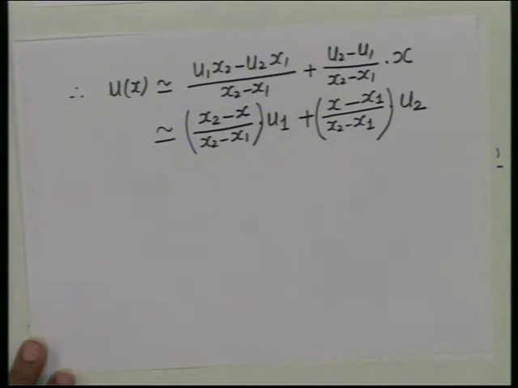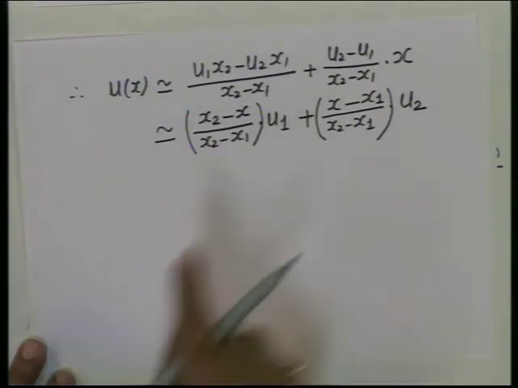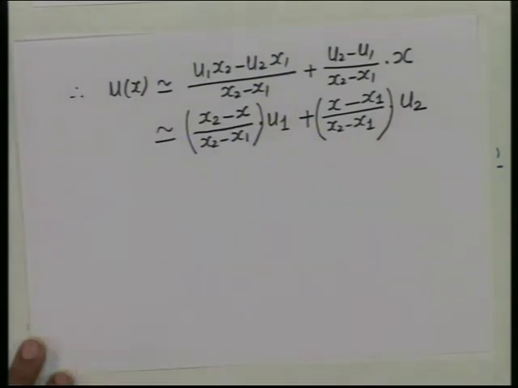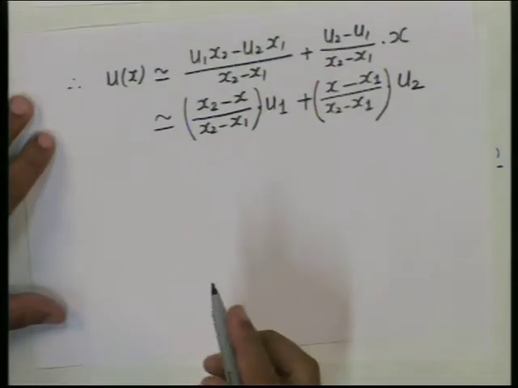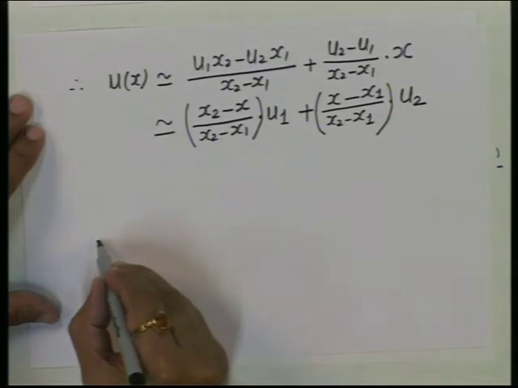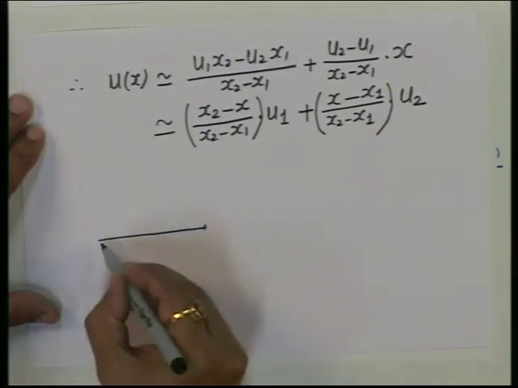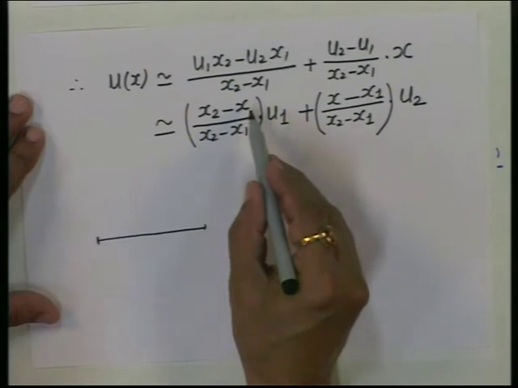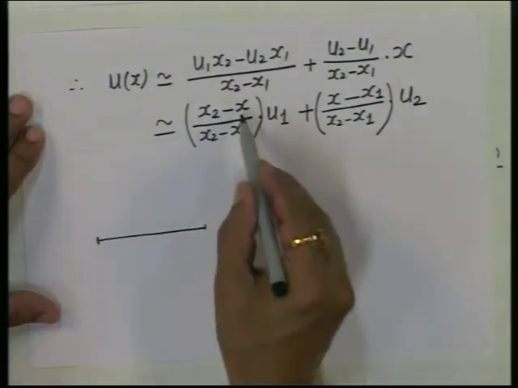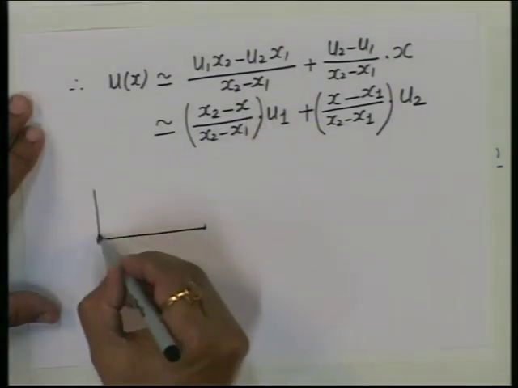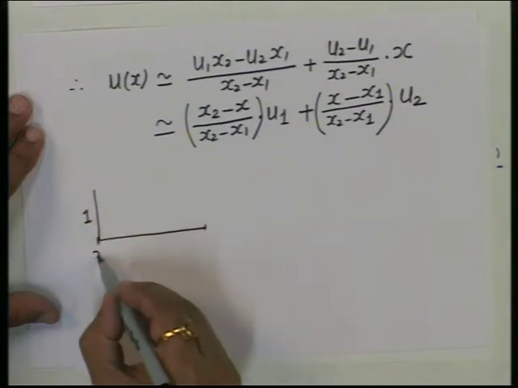And I think we can see this, it should be same. What is the value of this first bracket between the two nodes when x equals x1? Unity.